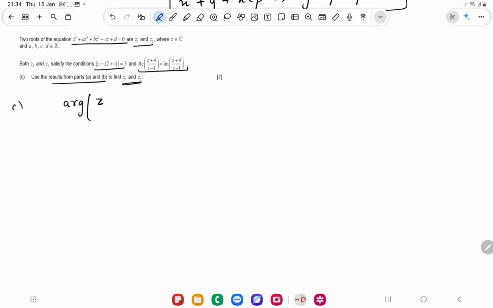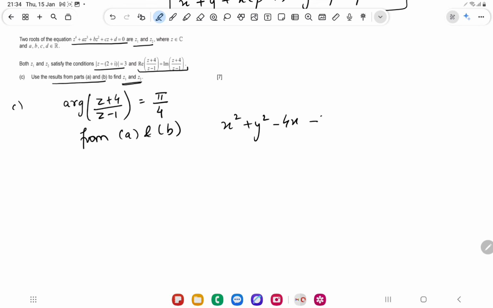Since the argument of (z plus 4) upon (z minus 1) is pi by 4, from parts A and B I can write both equations. That is x square plus y square minus 4x minus 2y minus 4 equals 0. This is my first equation.